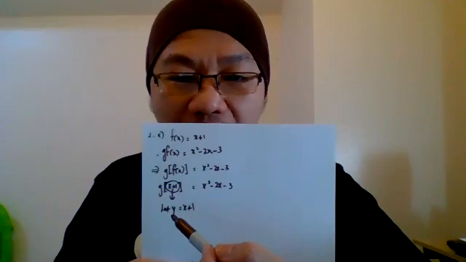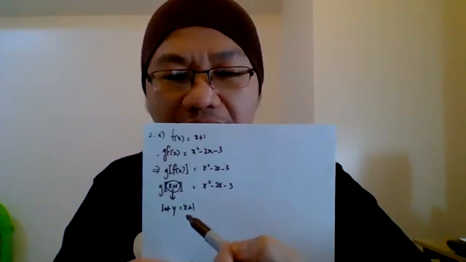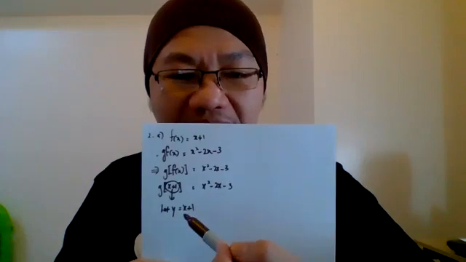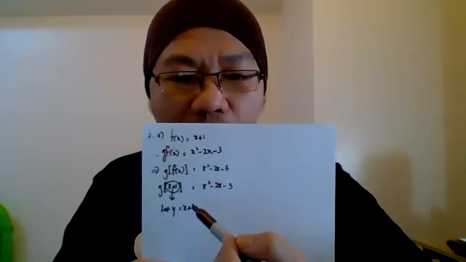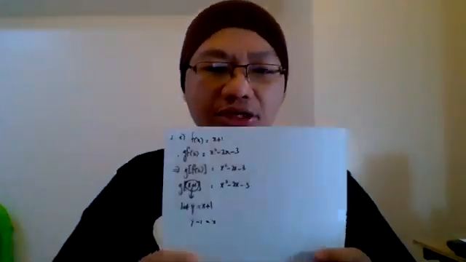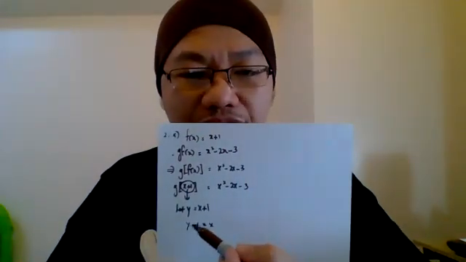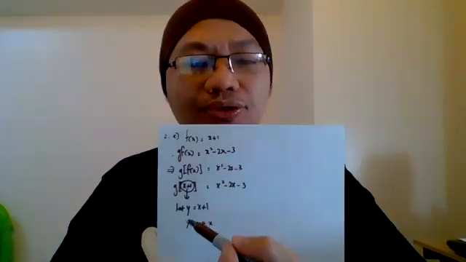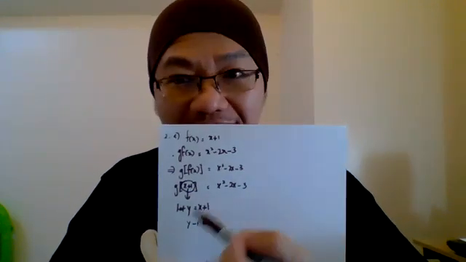Now you see here, your y is the subject. So how do we make our x here become the subject? Since the x is already positive, 1 moves to the left. So it becomes x equals y minus 1. Okay, so this is what we call inverse.